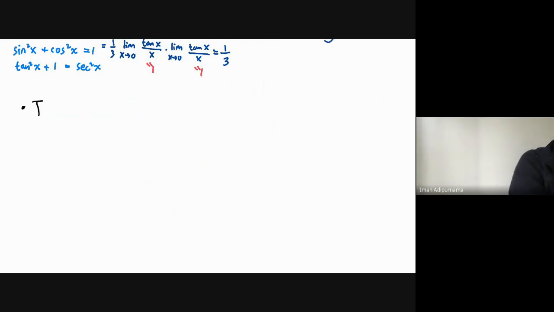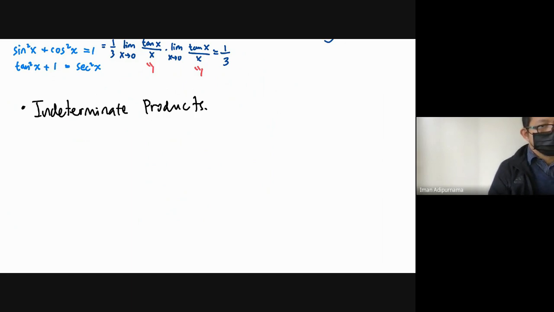The next one will be called the indeterminate products. This is type 0 multiplied with infinity.